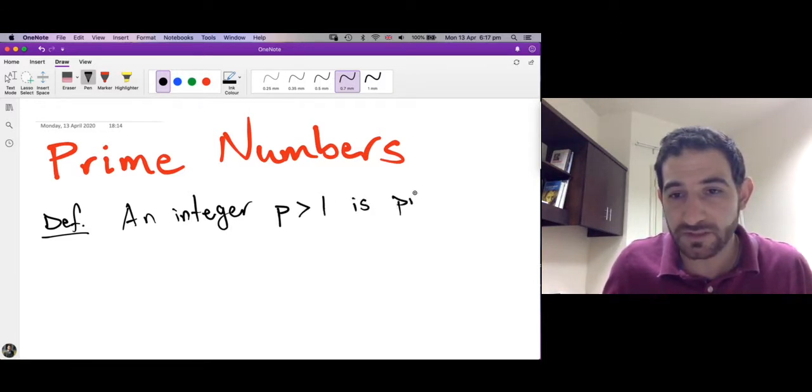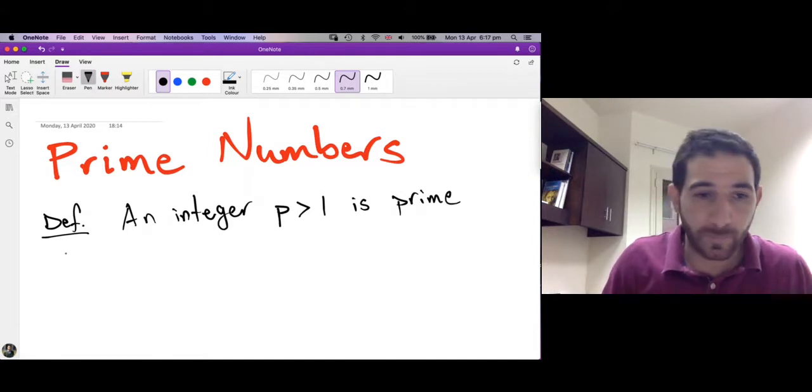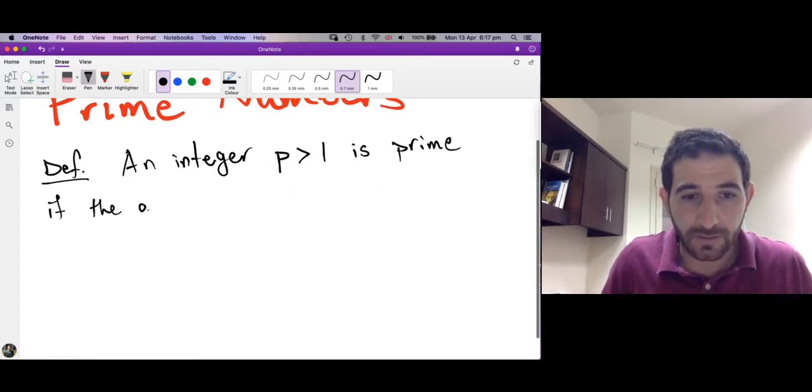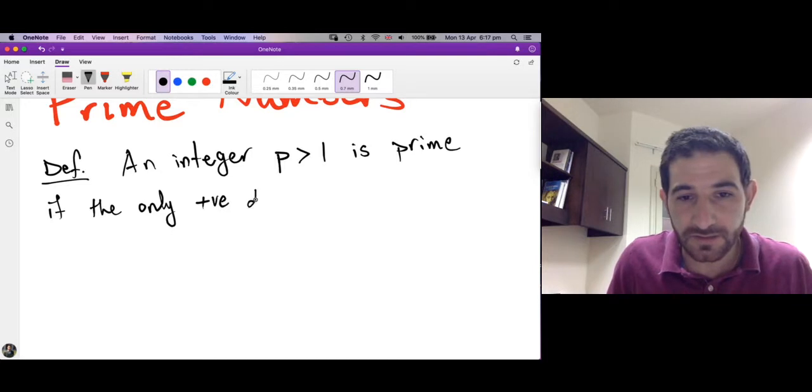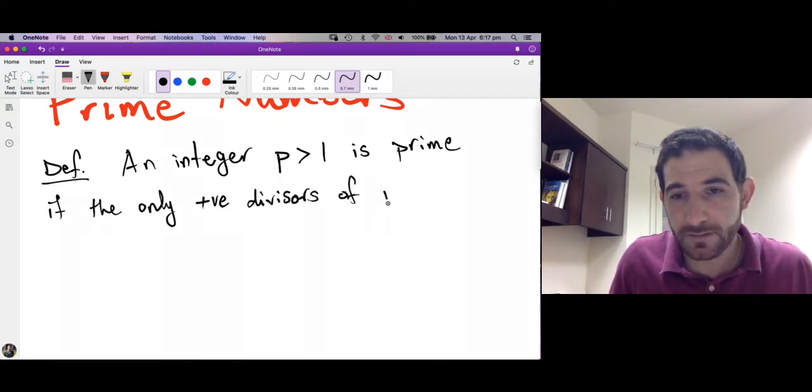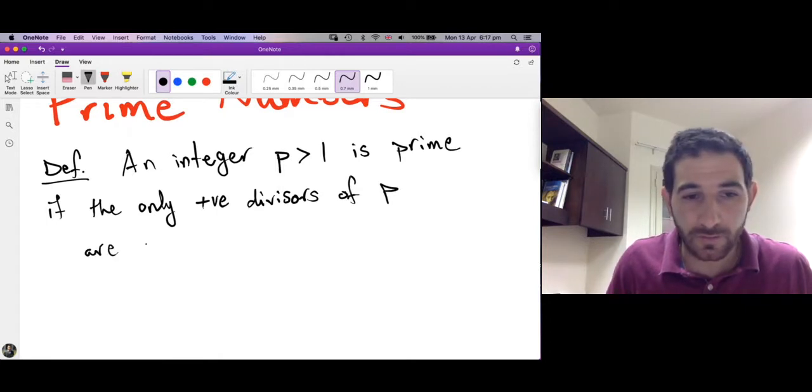We call this integer prime if the only positive divisors of p are 1 and p itself.